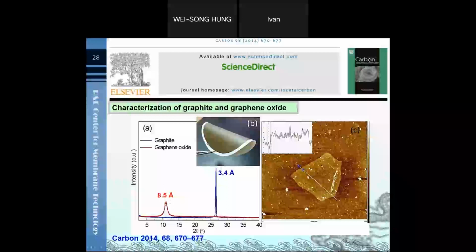It is because around the graphene oxide there are many oxidation functional groups, so the d-spacing is wider. And the AFM below also shows that the graphene oxide thickness is very thin, just about 1 nanometer.